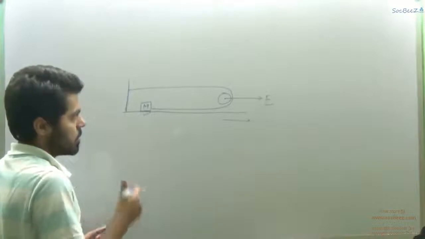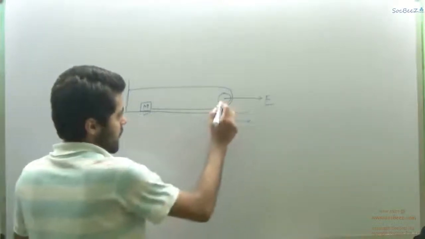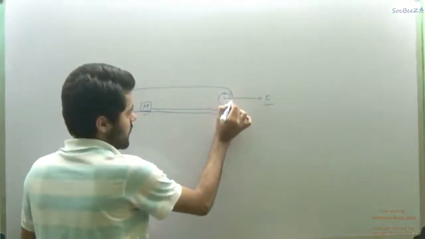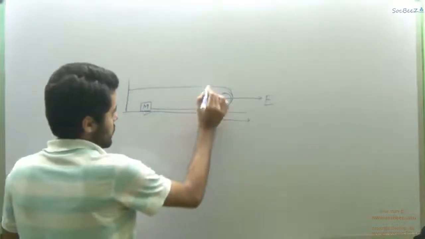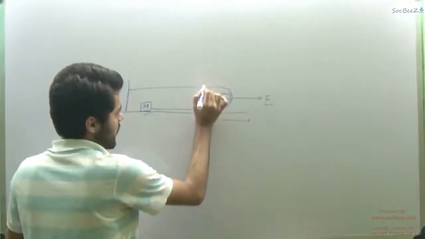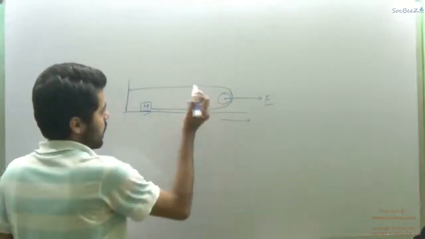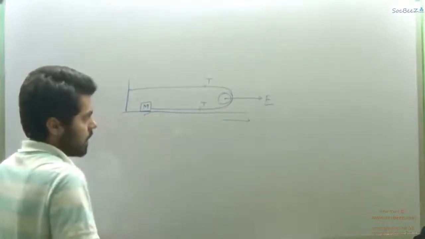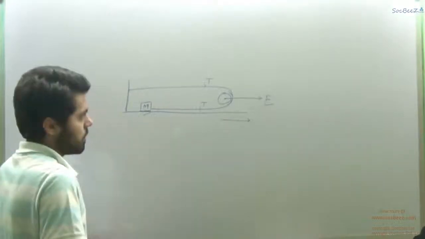So the previous assumptions which we have made, that the pulley is light and there should be no friction along the sides of the pulley, it means that the tension in the string on both the sides must be same. So if it is T, it should also be T. Had there been no force, then there must not be any tension.